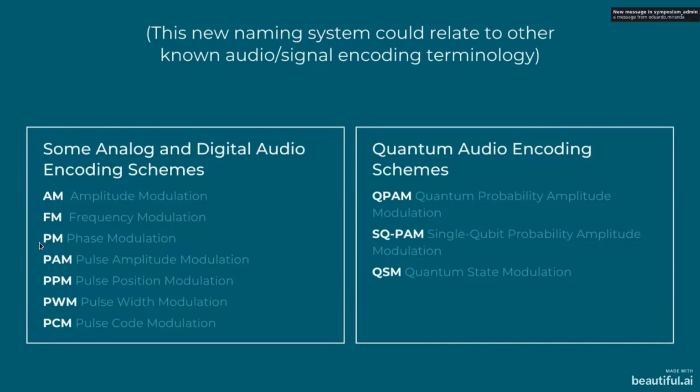So I think we should do the same with quantum audio encoding schemes, and call them in a way that we can understand which part of the quantum state we are manipulating. So, for example, we can encode information in the probability amplitudes, or we can use a combination of multiple qubits in a binary state.